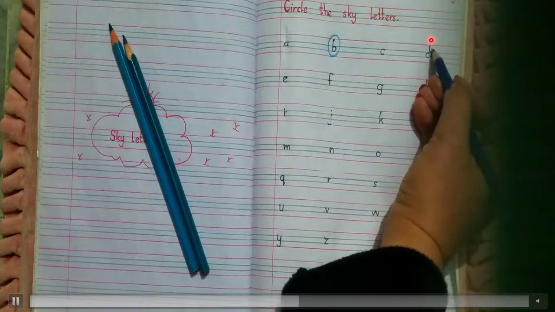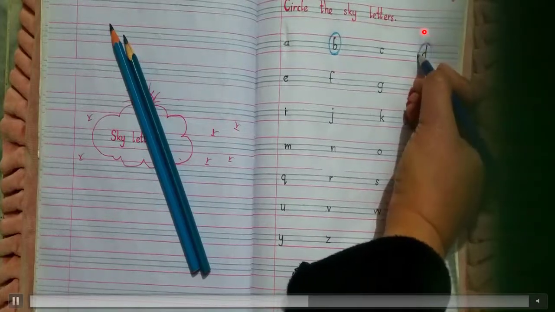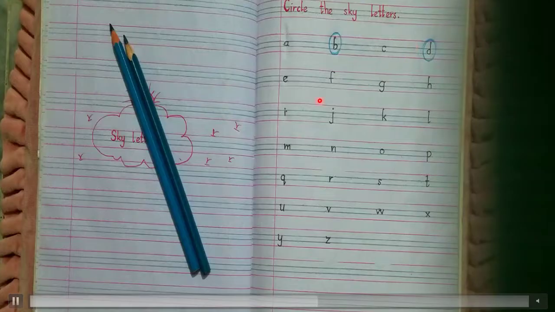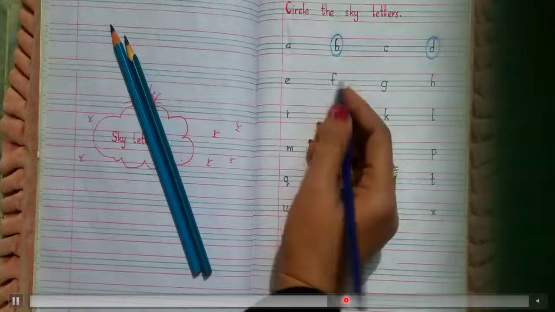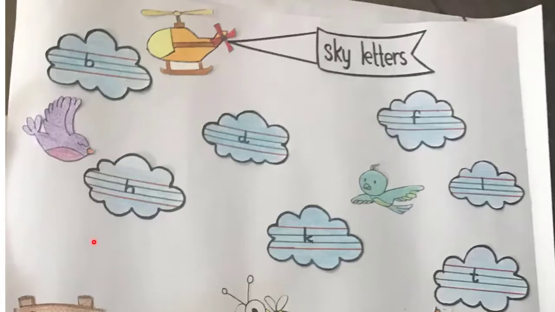Yes, it's touching the sky line. So you will circle D. इसी तरह आप सब स्काई लेटर्स सर्च करेंगे और उन्हें सर्कल करेंगे. Just like this. ये तो बहुत मजे का वर्क है.